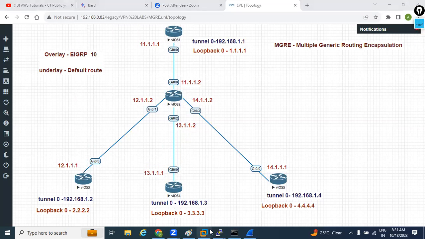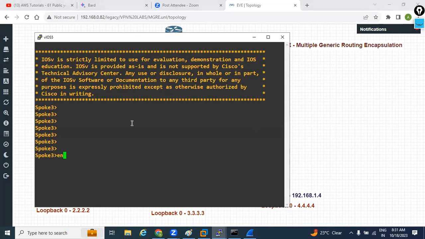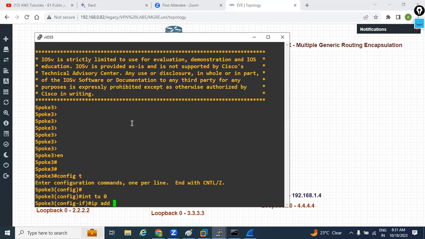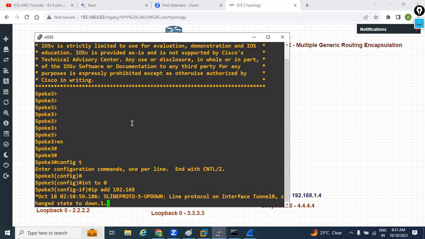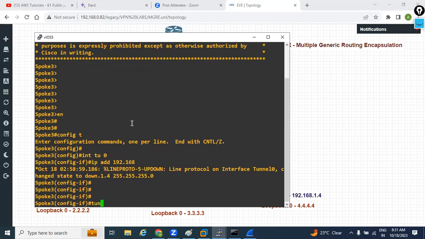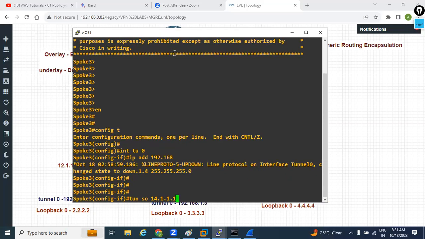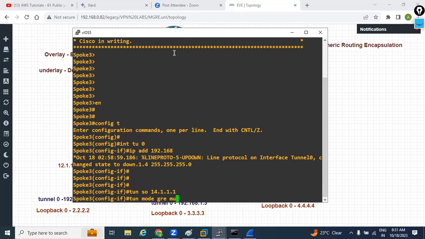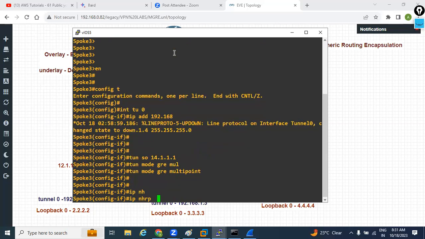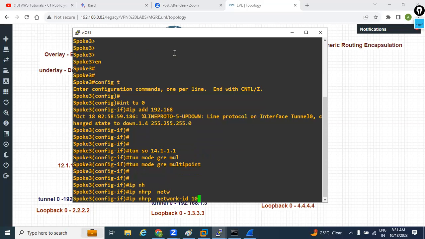Let's configure spoke 3 as well. It will take just a minute. Okay. Tunnel source, I think 14.1.1.1. Tunnel mode GRE multipoint, IP NHRP network ID 10.